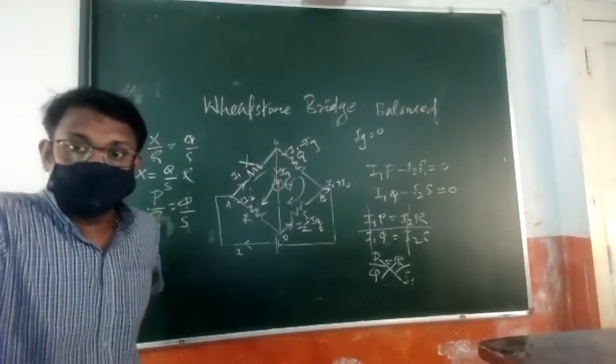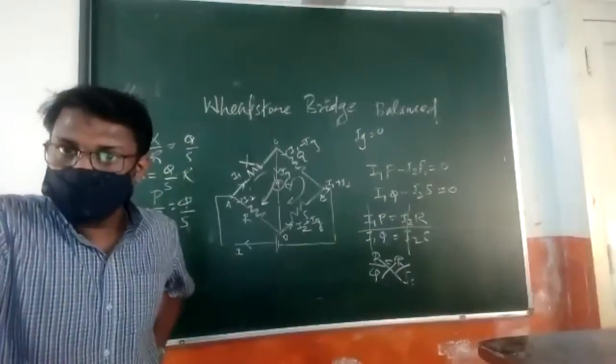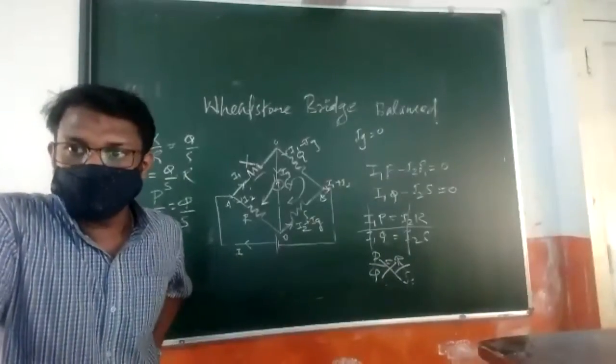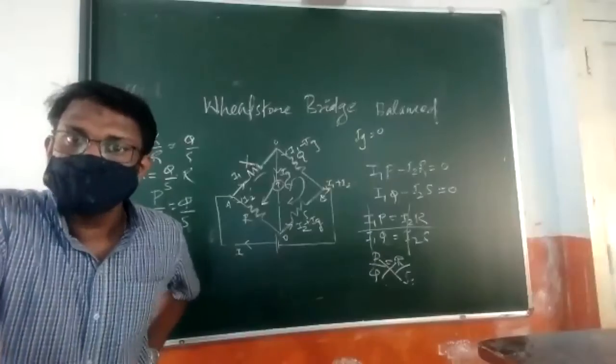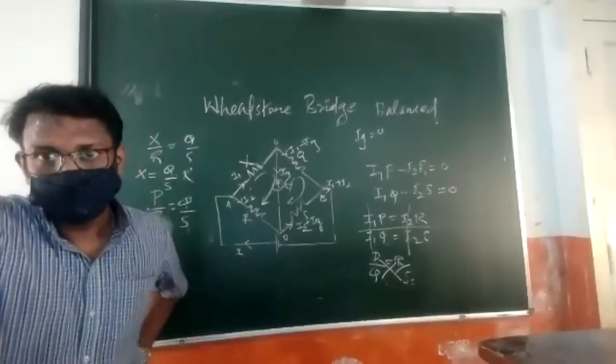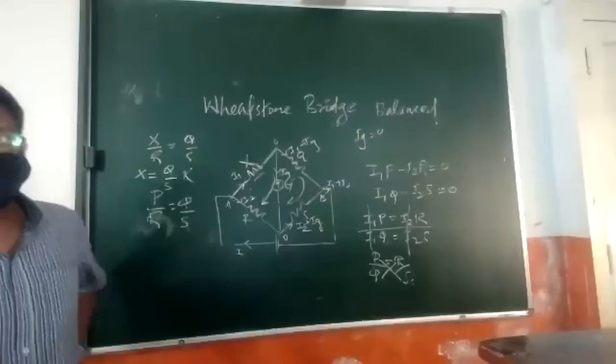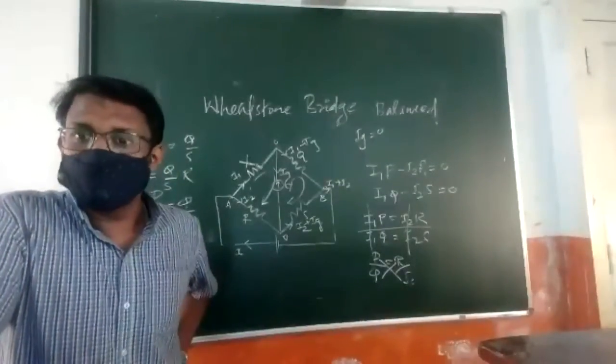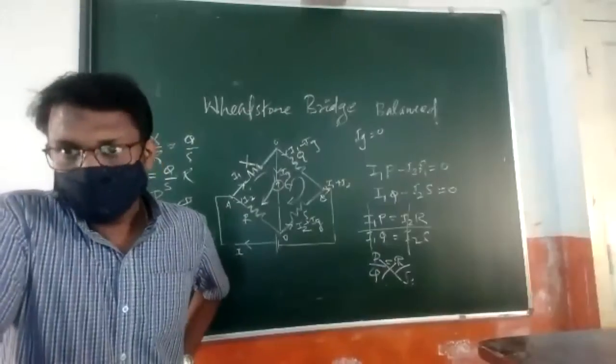Based on this Wheatstone bridge, you are doing an experiment called meter bridge. I hope you got the list of experiments. That list of experiments, one of it is meter bridge experiment to find out the resistance per unit length or resistivity. Any aim can be there, but the method is using meter bridge.